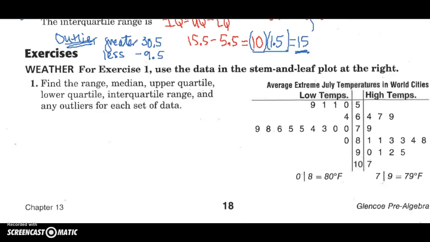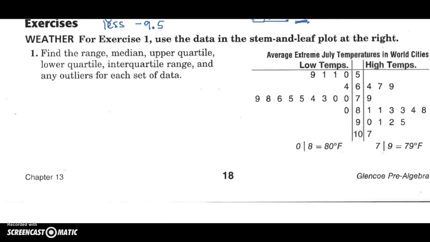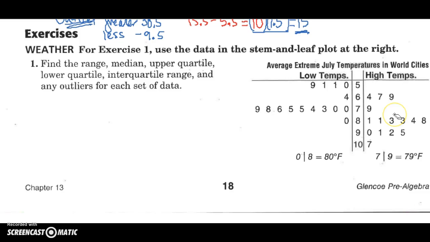All right, let's work this next problem together. We have 2 sets of data. This is called a back-to-back stem and leaf. We have low temperatures and high temperatures. So the first thing we're going to need to do is tackle one at a time. So let's take care of the lows first. I need to know the range or the median.